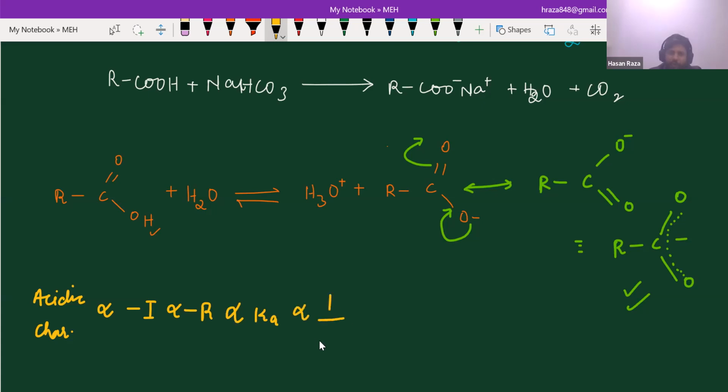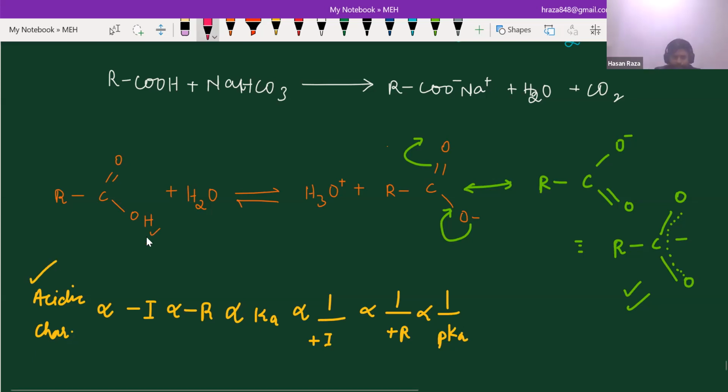It is inversely proportional to the donating group and inductive effect, inversely proportional to the donating group plus R, and inversely proportional to pK, which is the opposite of K. So whenever in a carboxylic acid the electron withdrawing groups are more powerful, it will be more acidic than the other one. Please do write it first.